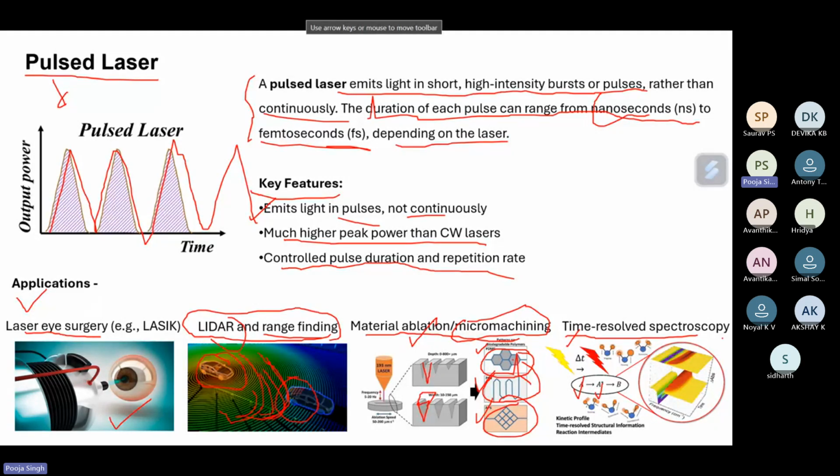You can probe this using time resolved spectroscopy. And when it undergoes de-excitation also, you can probe that. That's why it is called time resolved spectroscopy, which gives the kinetic profile and the reaction intermediate information. So here you can see this is the reaction intermediate information. You can get it from the time resolved frequency.